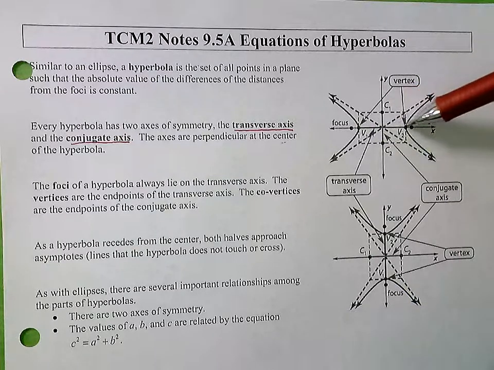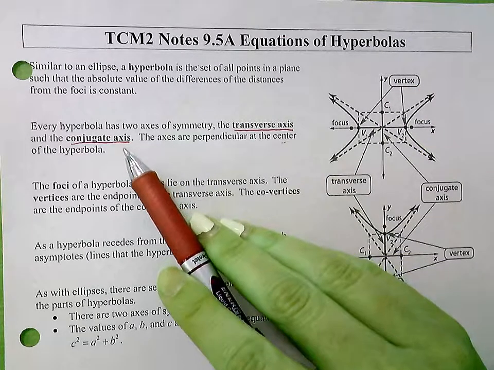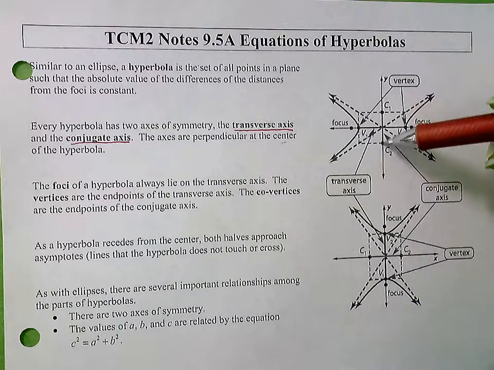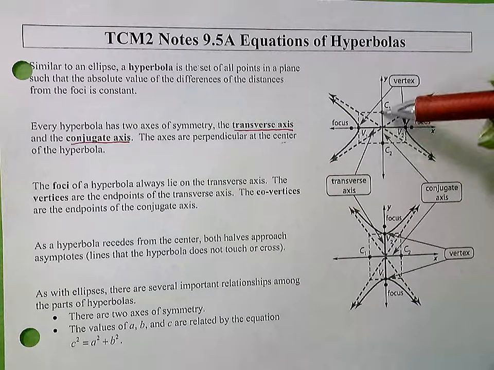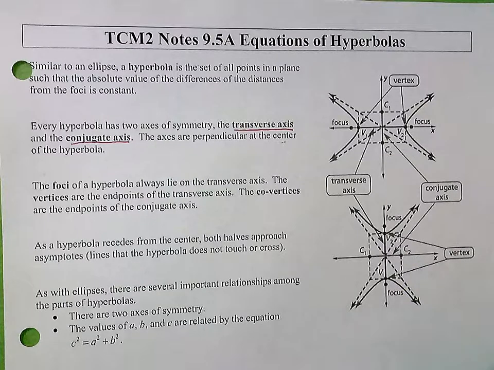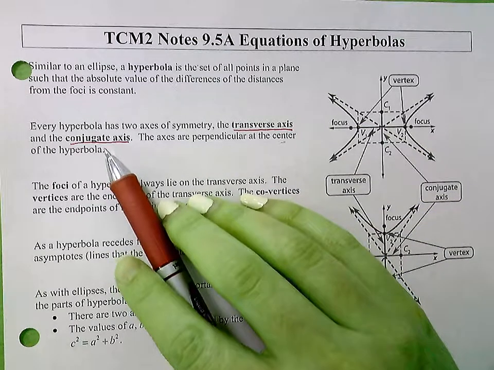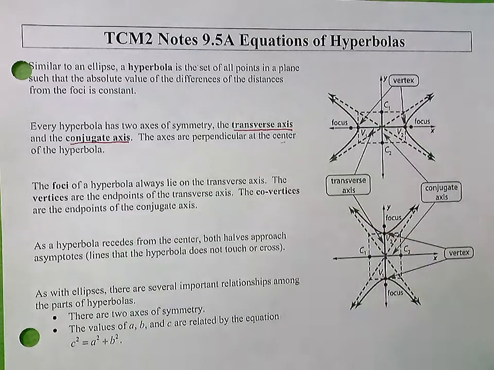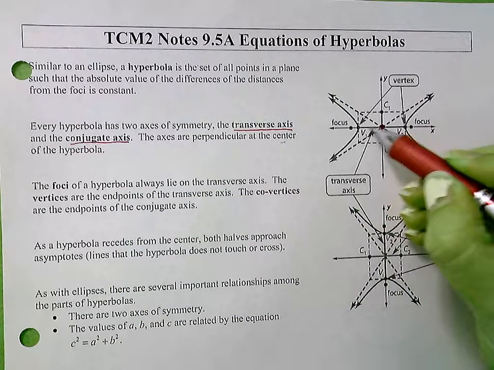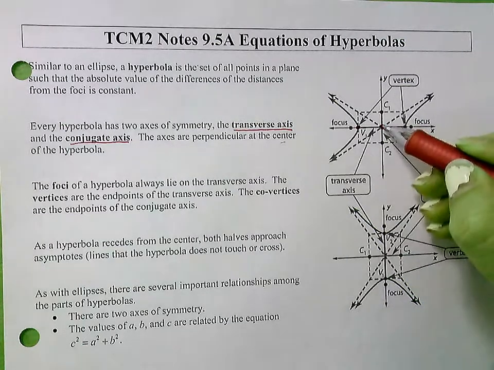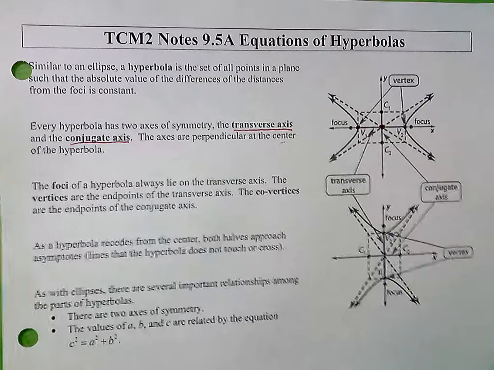So that's the length between your two vertices. The conjugate axis is between your two co-vertices. Those will be helpful in finding your A and B values. A is going to be half of your transverse axis, and B is going to be half of your conjugate axis. So that's from the center point to a vertex, from the center point to a co-vertex.